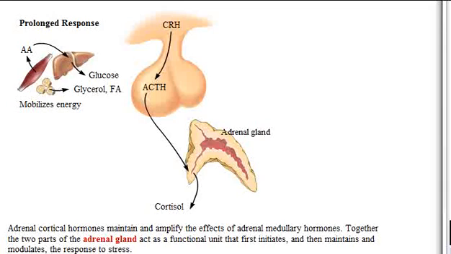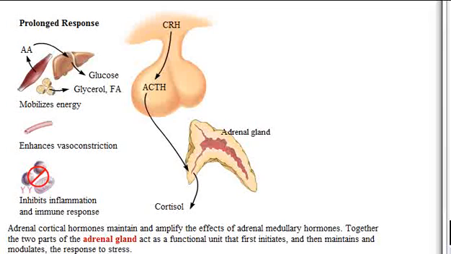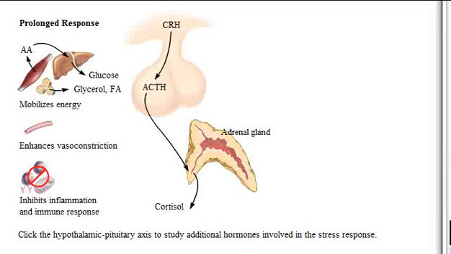Fuels continue to be made available, glucose for the brain and fatty acids for other tissues, to ensure survival at a time when an individual may not be able to eat. In the presence of norepinephrine, cortisol enhances the constriction of blood vessels. This is an important contribution to maintaining blood pressure. Cortisol also inhibits inflammation and other aspects of the immune system, keeping it in check. Click the hypothalamic pituitary axis to study additional hormones involved in the stress response.